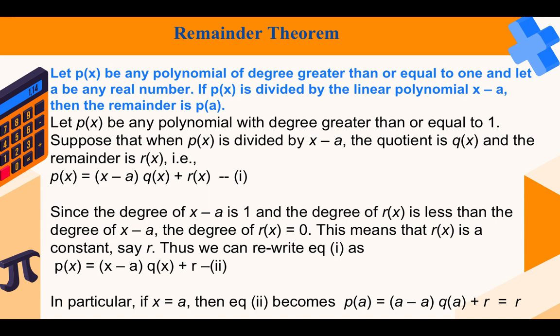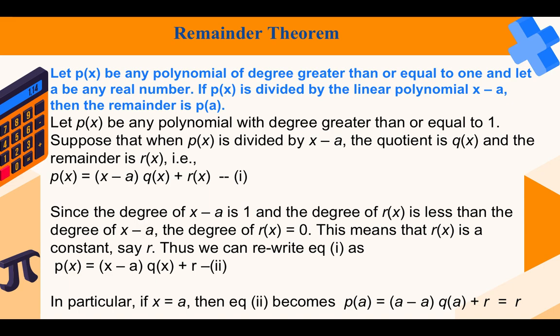Now the remainder theorem. What does the remainder theorem say? It states that let p(x) be any polynomial of degree greater than or equal to 1, and let a be any real number. Then if p(x) is divided by the linear polynomial x minus a, then the remainder is p(a).